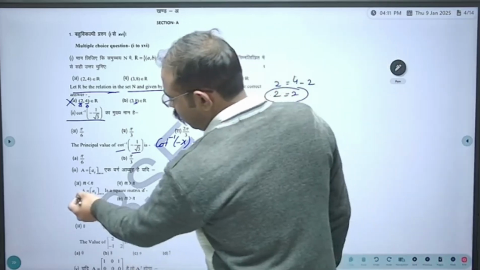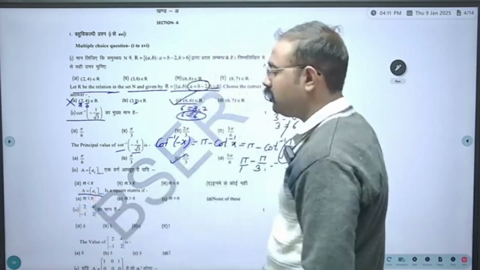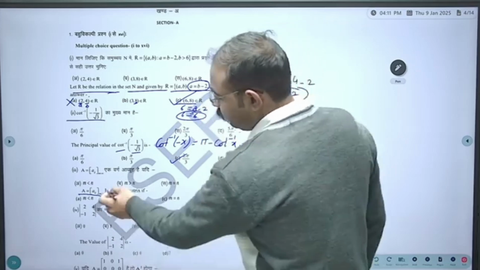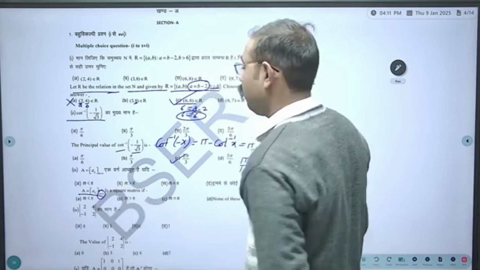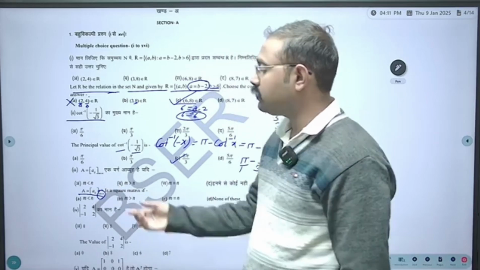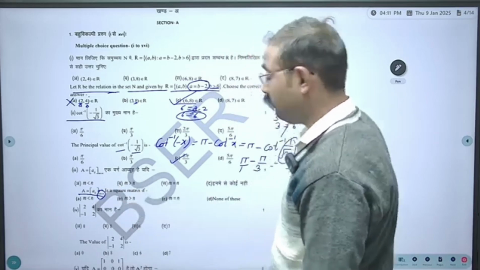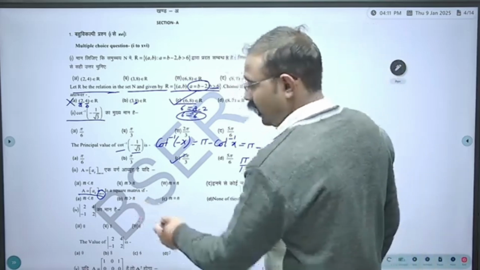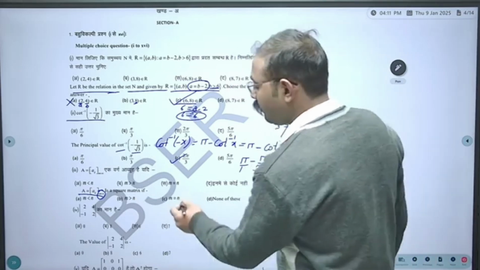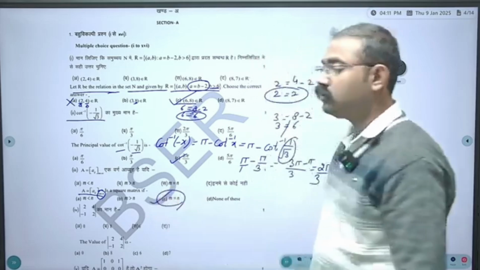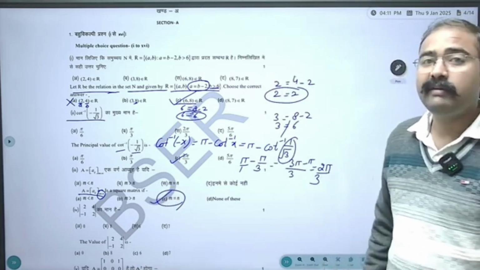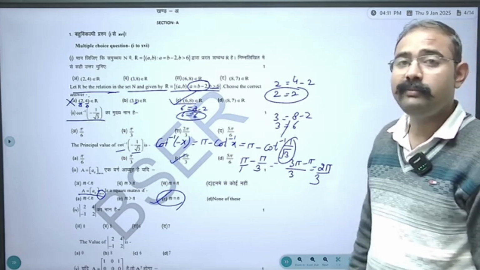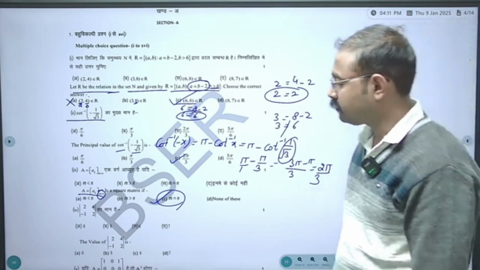Next is A equals [aij], a square matrix of order m cross n. Now this matrix will be a square matrix, and for this matrix to be a square matrix, m must be equal to n. In a matrix, if the number of rows is equal to the number of columns, then that matrix will be a square matrix.